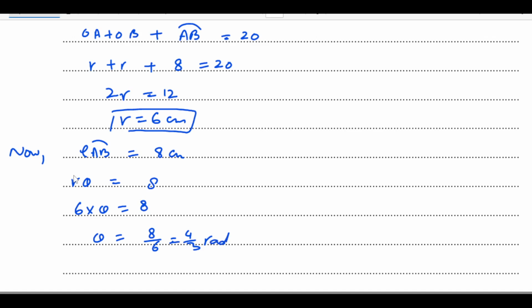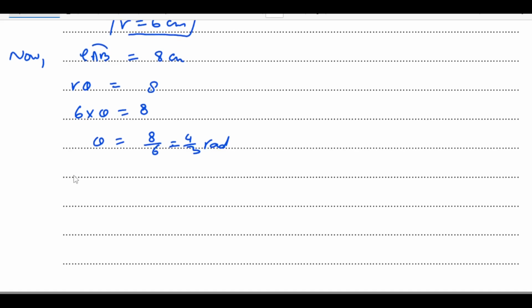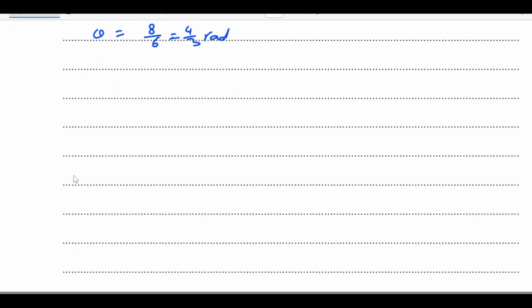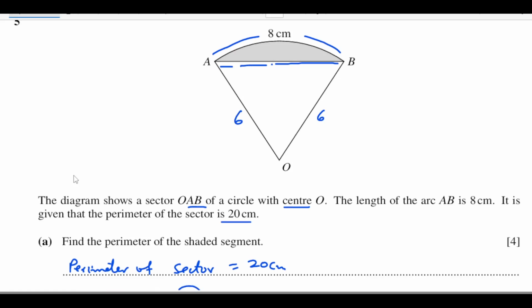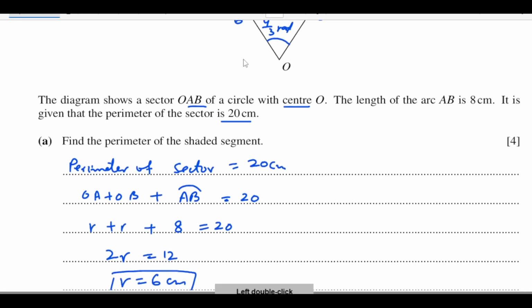Now by the cosine rule we can find the length of AB. We have this triangle, and we have this theta which is 4 over 3 radians.